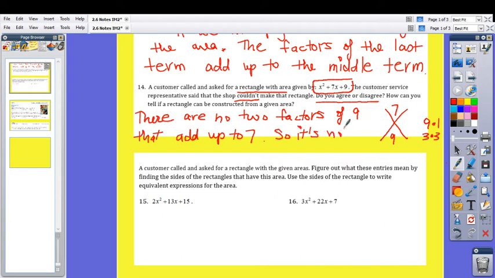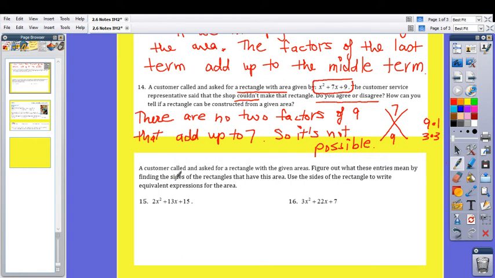So it's not possible. So the customer service is correct. It is not possible. We cannot do it. Okay. Let's do next one.